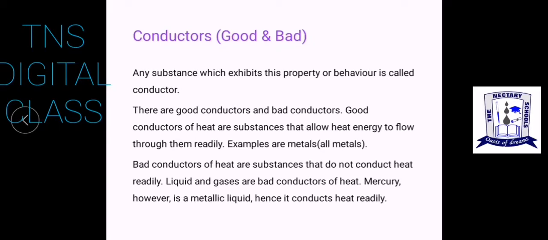Mercury, for example, is a metallic liquid. Hence, it conducts heat readily. So will mercury be classified as a good conductor or a bad conductor? The answer is that mercury is a good conductor of heat, even though it is a liquid.